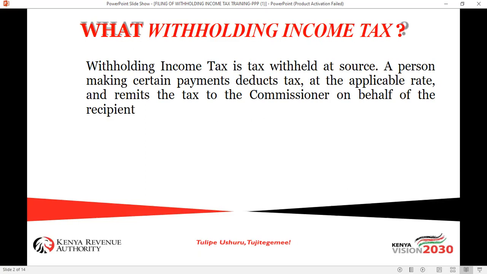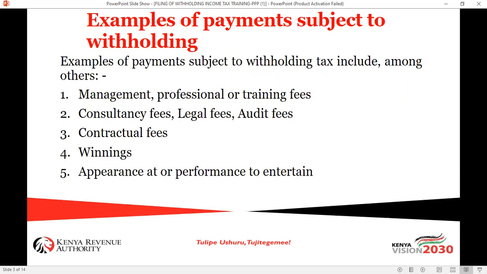So huyu mtu ni agent, an agent that amekuwa appointed by KRA to deduct that amount, then remit to KRA on your behalf. Examples of payments subject to withholding tax include management fee, professional fee, training fee.